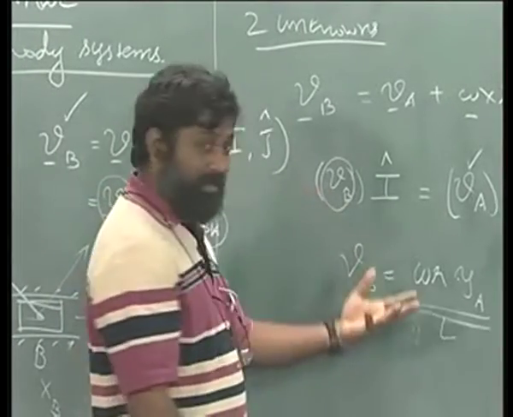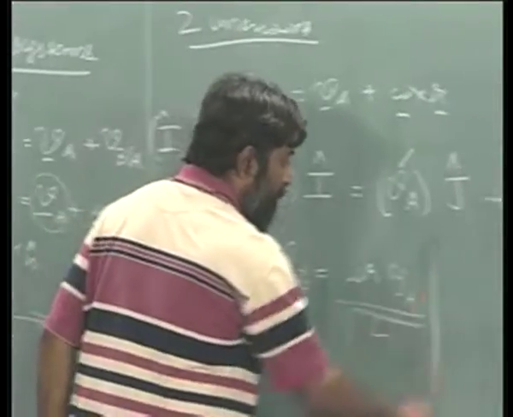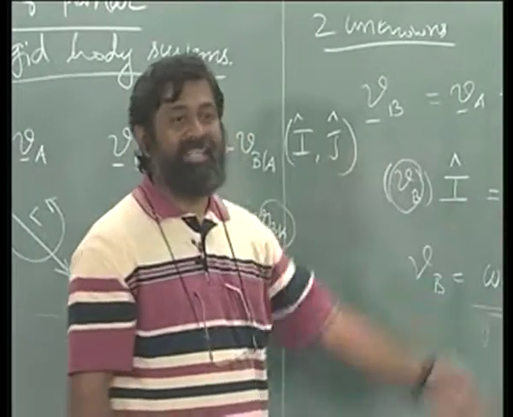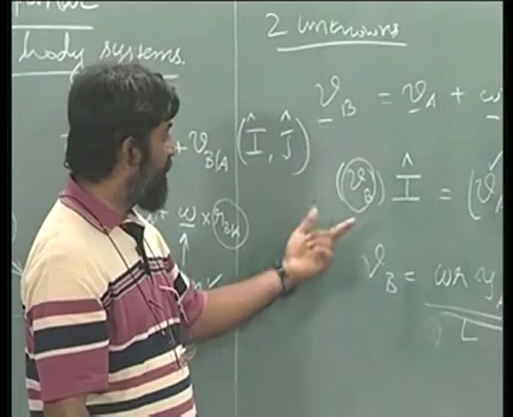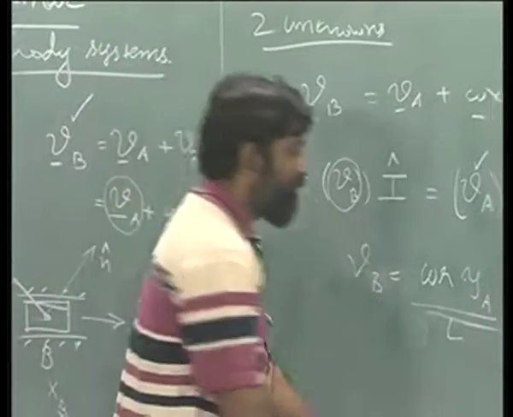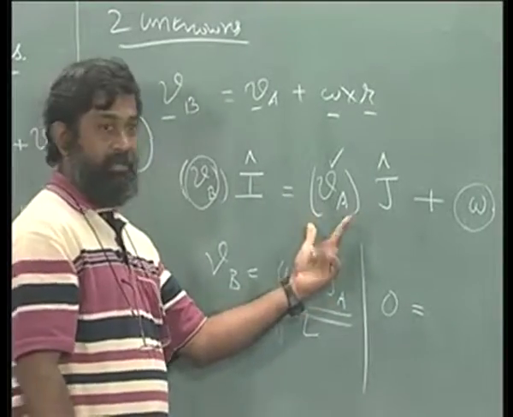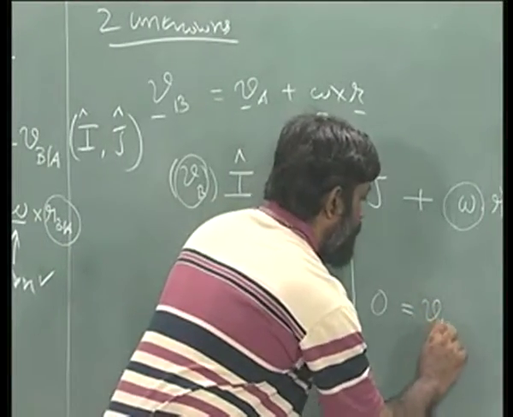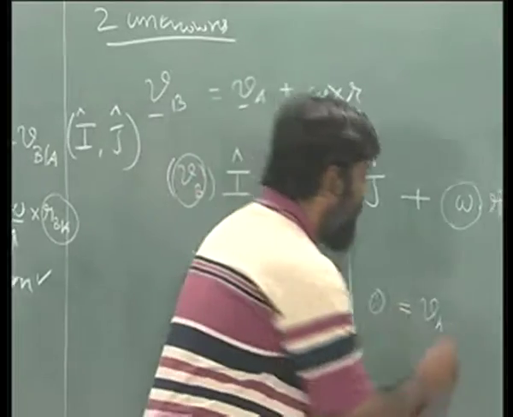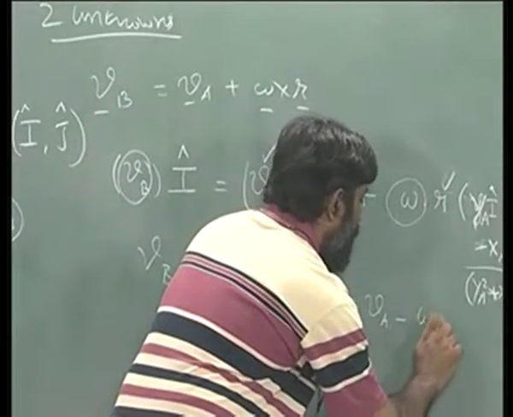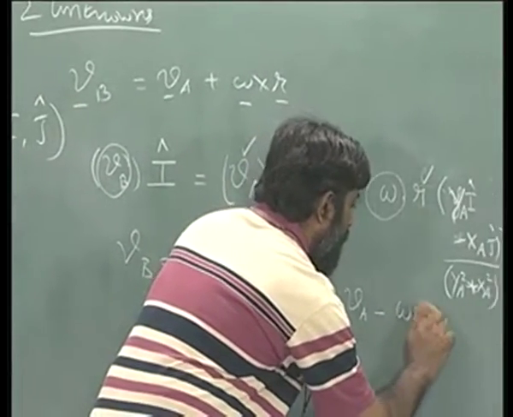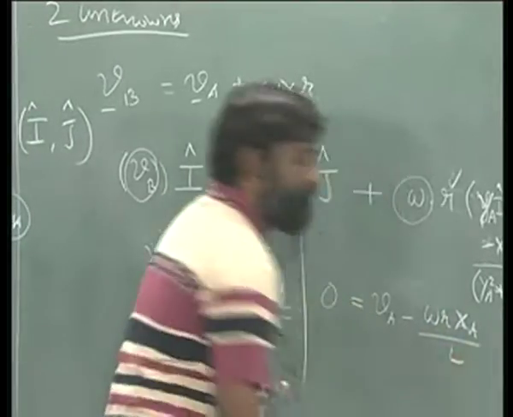So the best one I could have taken to solve would have been the direction along the J direction, right, which means the left hand side is equal to 0, and the right hand side involves Va, minus omega r xa divided by L, okay.